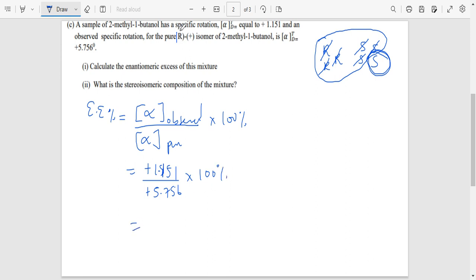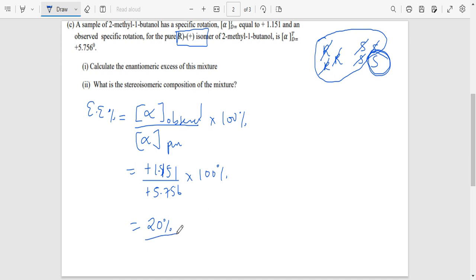Now notice that the pure substance value is for the R isomer, right? So we have 1.151 and we are dividing this by 5.756, and then we multiply by 100%, and this is giving me about 20% if I round off, because it is 19.99.